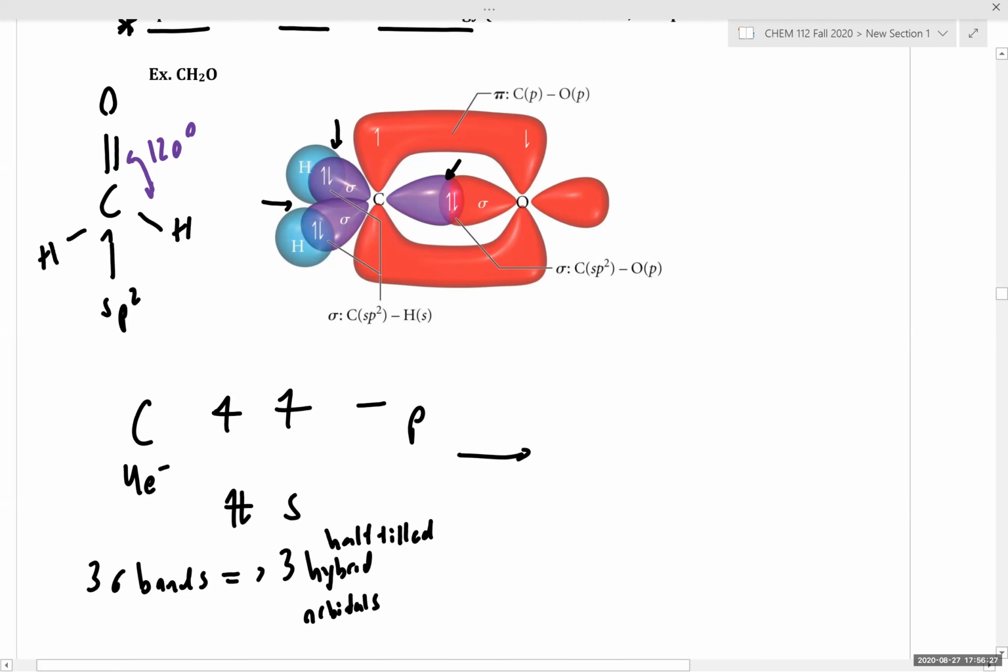So we're going to combine our s orbital and 2 of our p orbitals and adopt the sp2 hybridization. That in turn gives us 3 sp2 hybrid orbitals, which are relatively short and stubby.